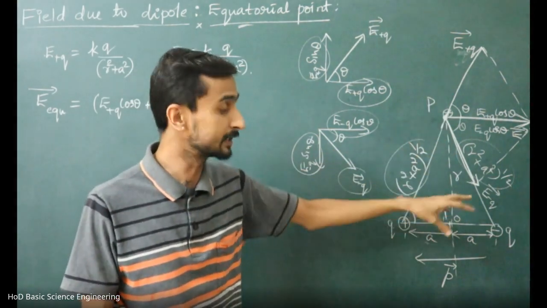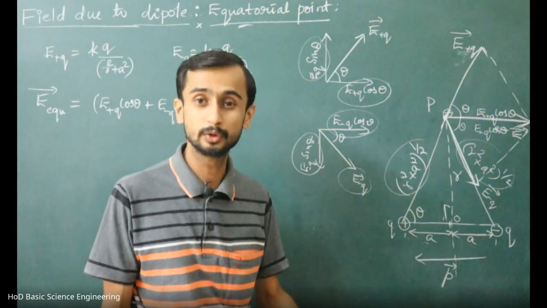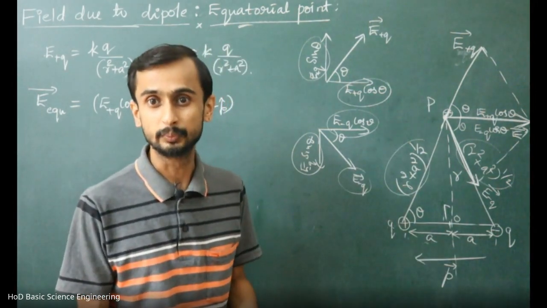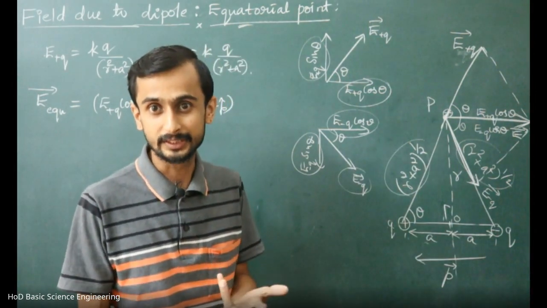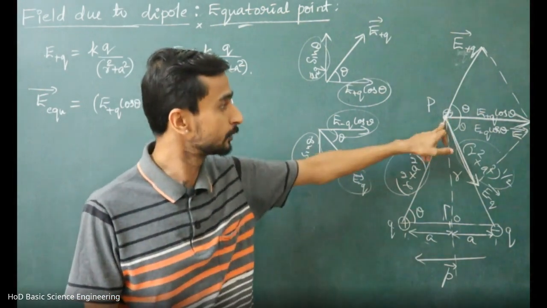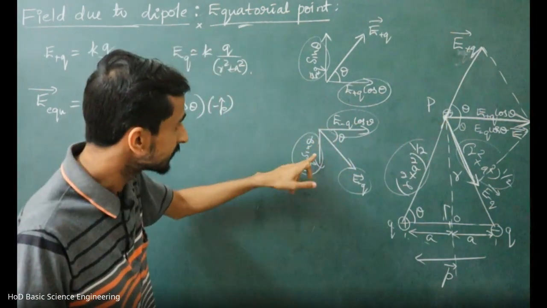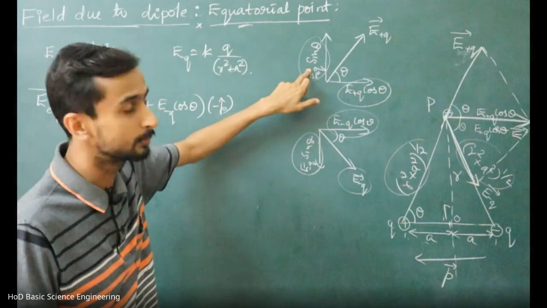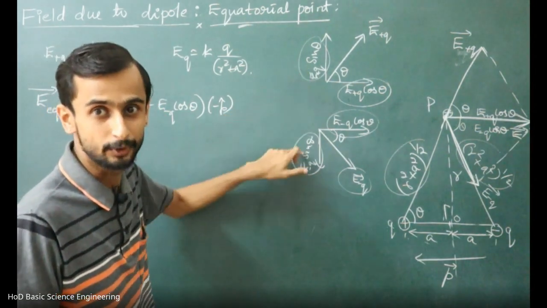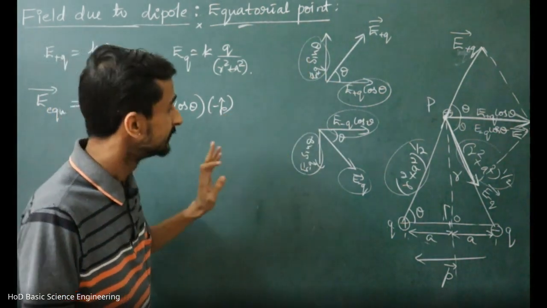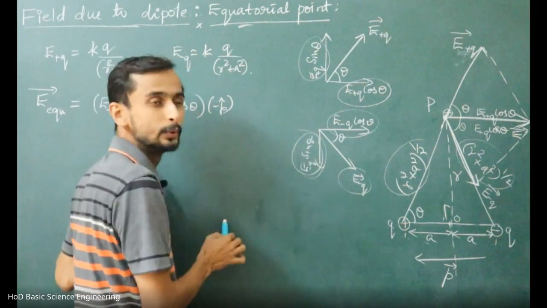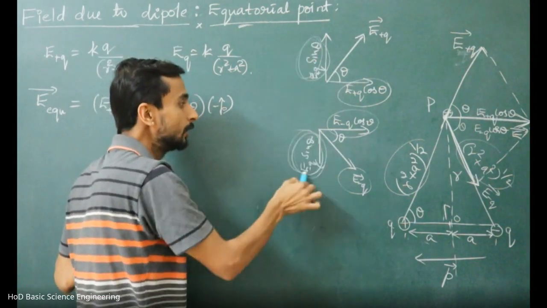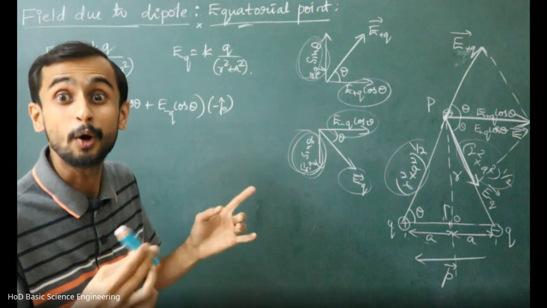Similarly, the magnitudes of the charges, plus Q and minus Q, are also the same. Therefore, at this particular point, the sin theta components of E minus Q and E plus Q have equal magnitude.